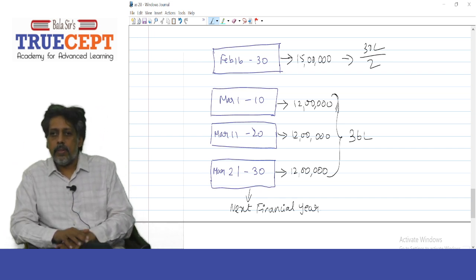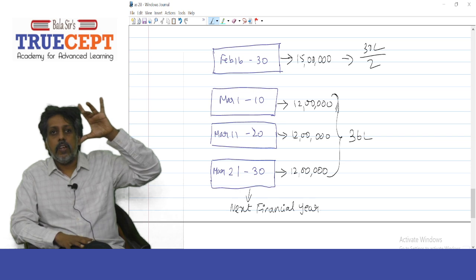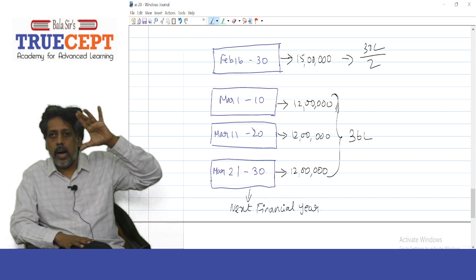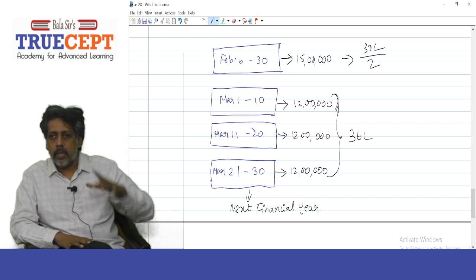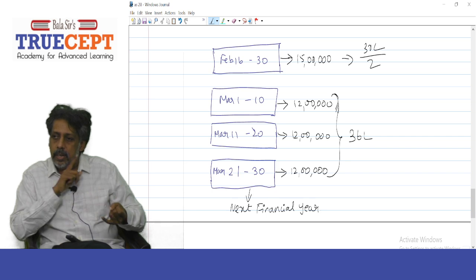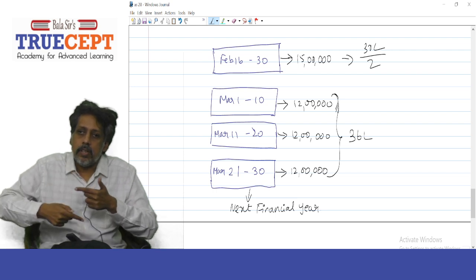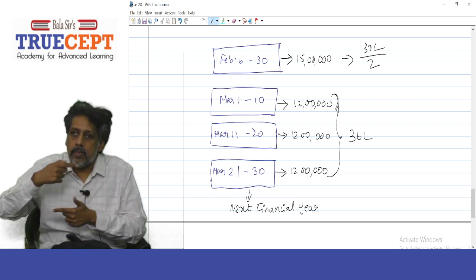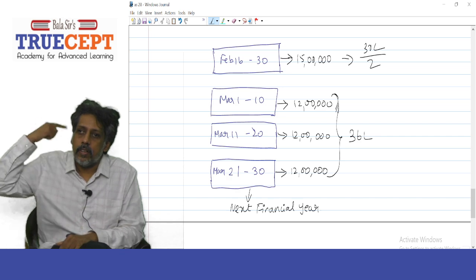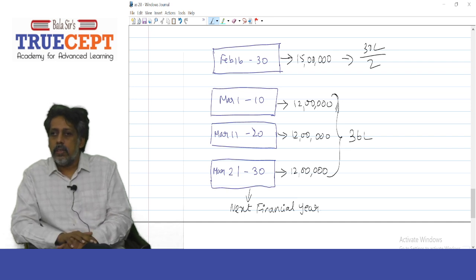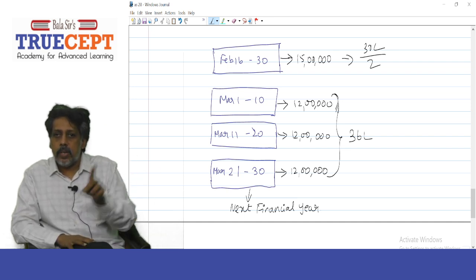Therefore, the rupees 12 lakh worth of goods sold between March 11th and March 20th may be returned in April, that is, not in the first 10 days but from the 11th day onward till 45 days. Got it? Now, point to note. Why did they give the percentage of cumulative sales?